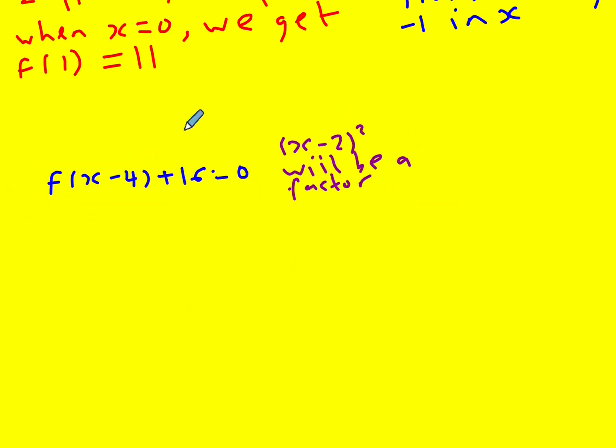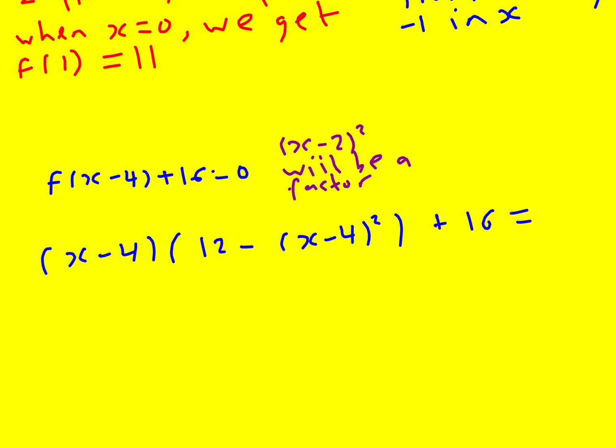So if I substitute x minus 4 into the original function, then it's going to be x minus 4, and then it was 12 minus x squared, so it's 12 minus x minus 4 all squared, plus 16, that's going to equal 0. So I'm going to need to expand this out.